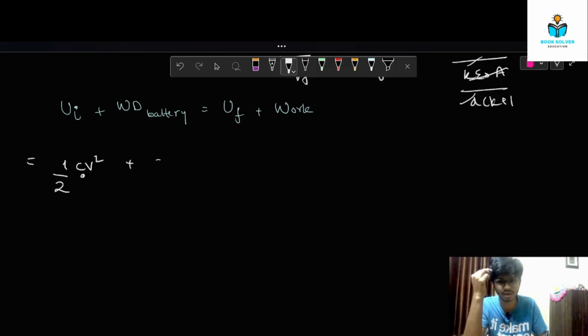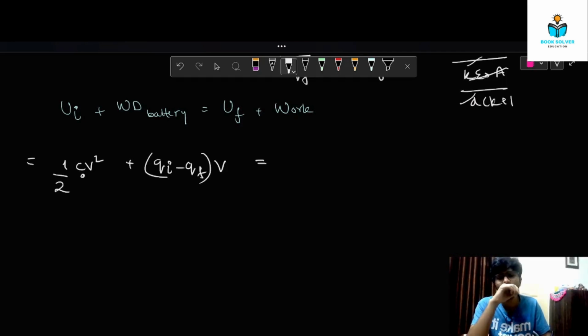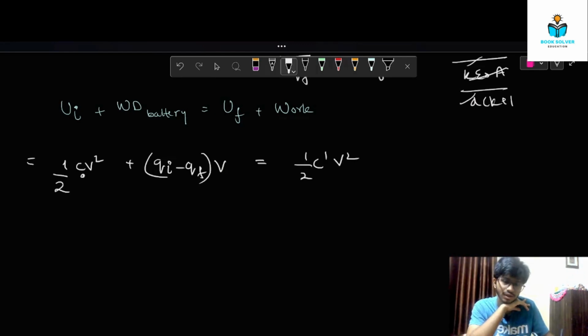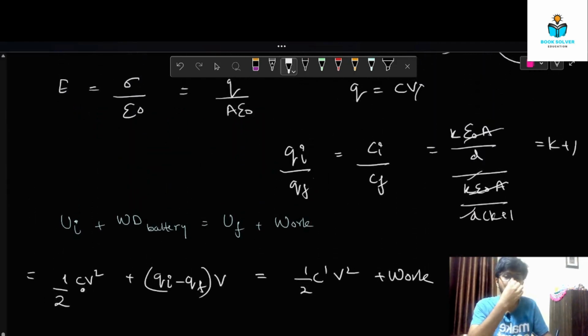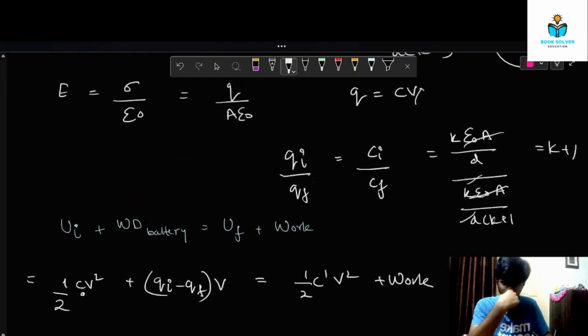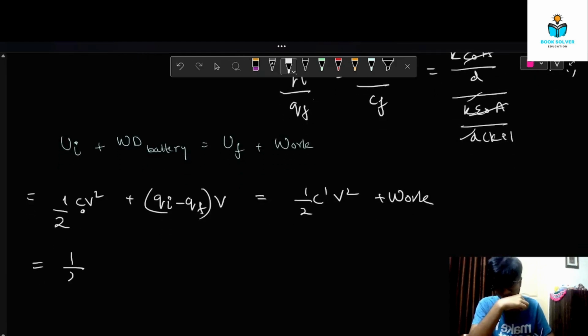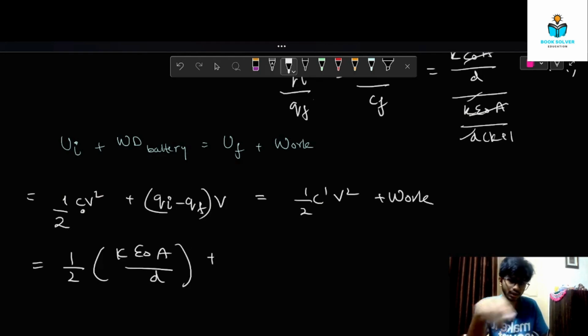What is work done by battery? Q initial and final into V battery. And what is U final? U final is basically half C dash V square. We know what C naught is, right? K epsilon naught A by d. So it is 1 by 2 into K epsilon naught A by d. What is Q initial?